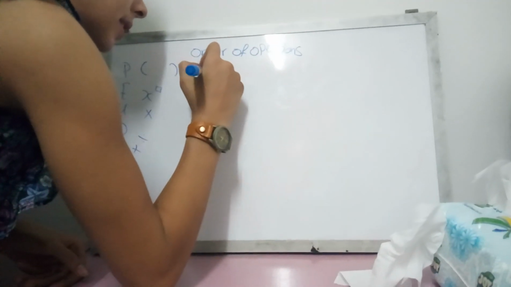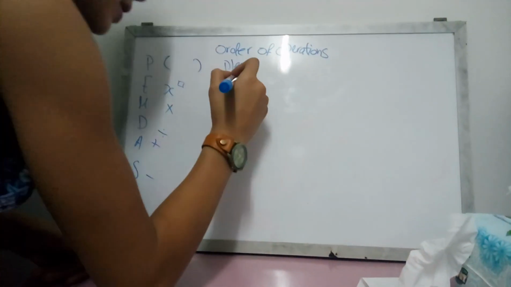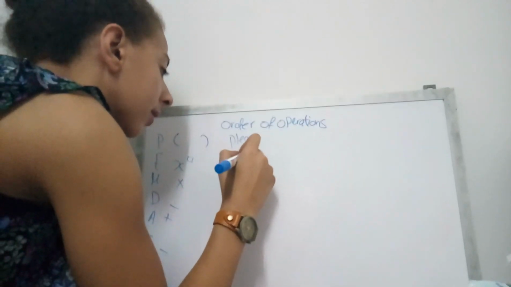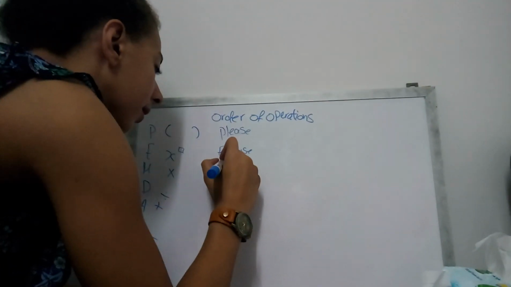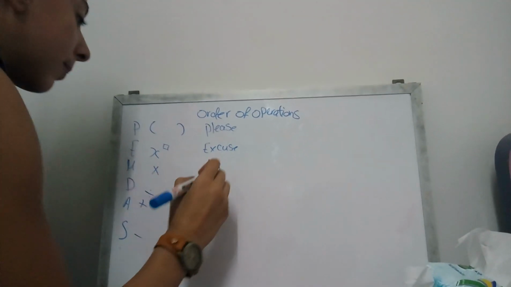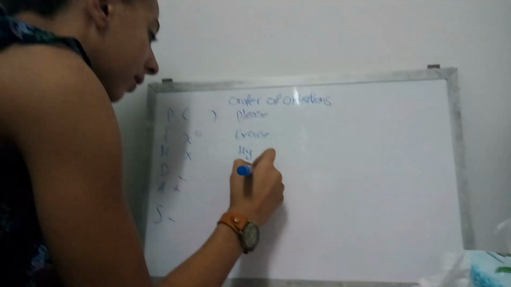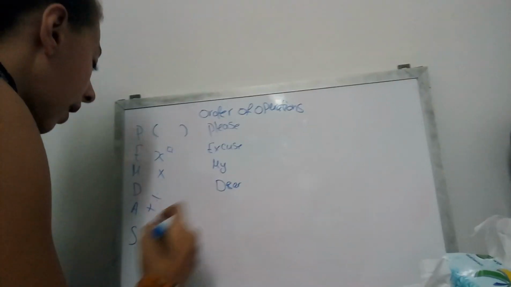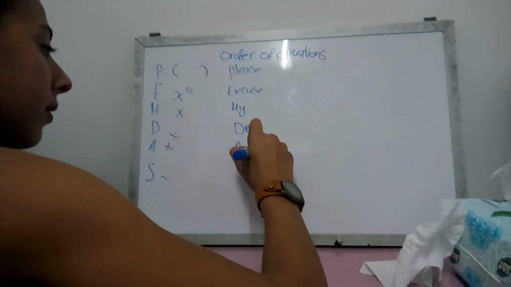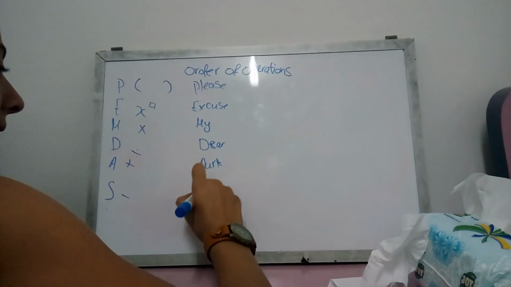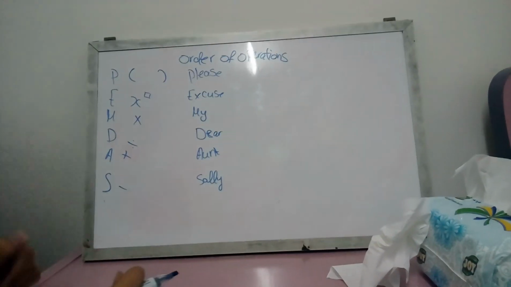P will be please, E will be excuse, M will be my, D will be dear, A will be aunt, and S will be Sally. Please excuse my dear Aunt Sally.